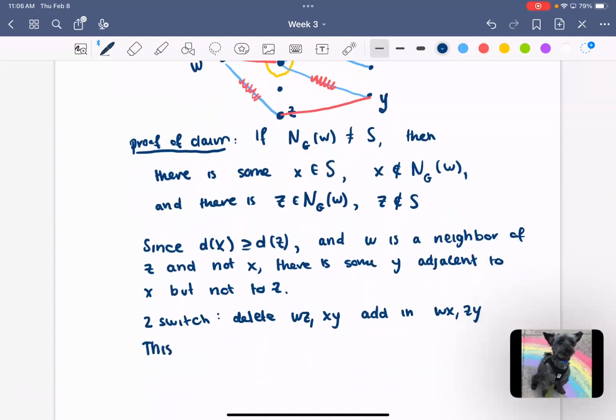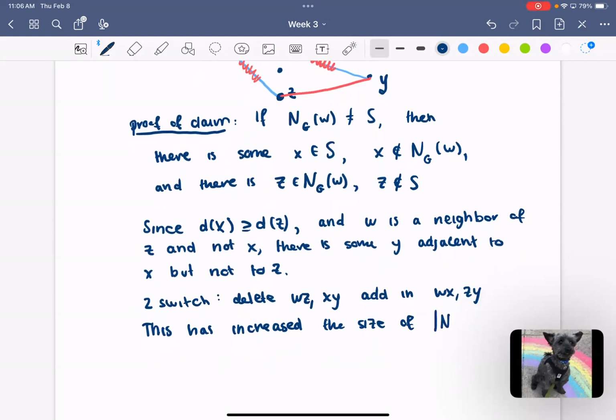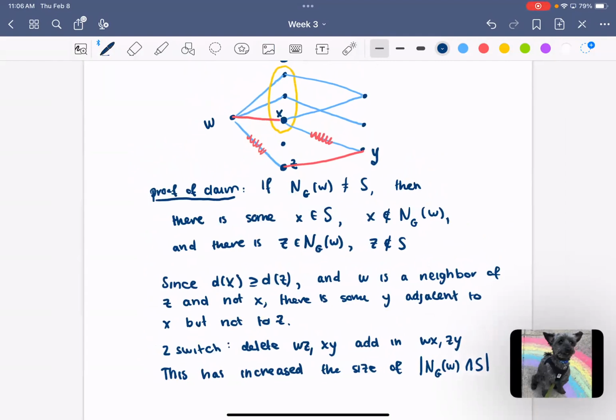This has increased the size of the overlap between S and the neighborhood of W. So then to finish the proof of the claim, all we need to do is just repeat this process.